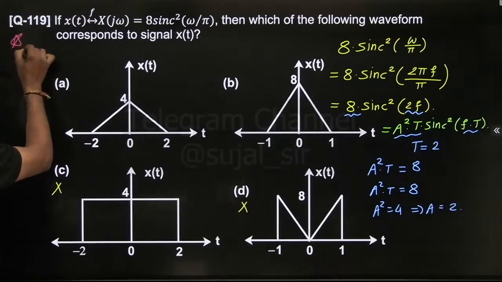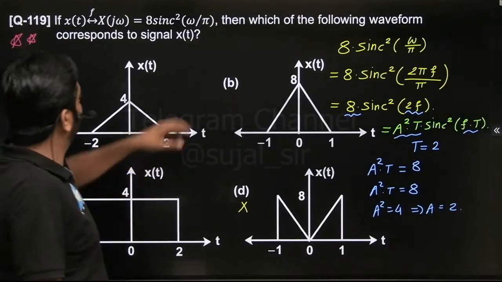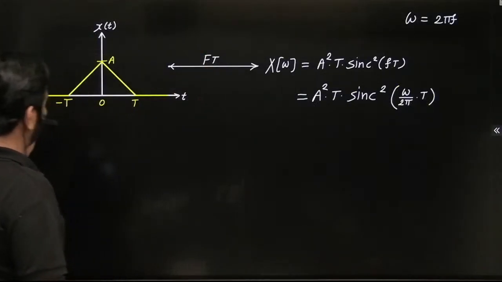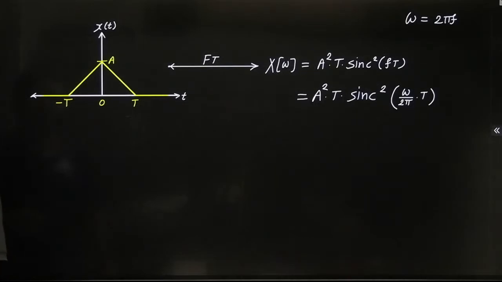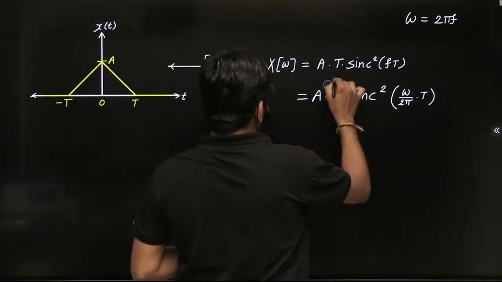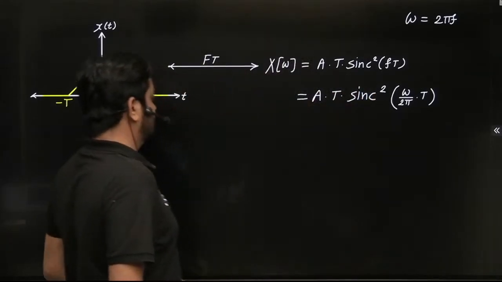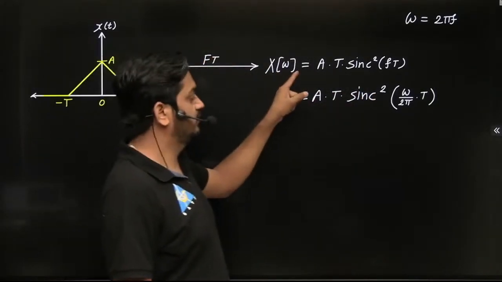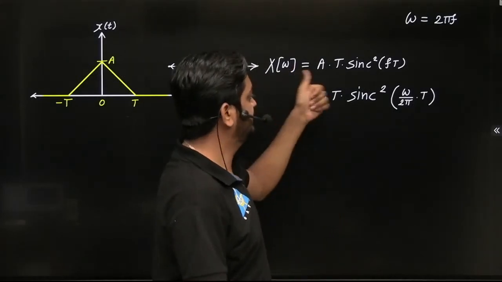I think there is some mistake, because the Fourier transform of the triangle is sinc square fT. Okay, sorry, my mistake guys, here not a square, simply it is A T sinc square fT.